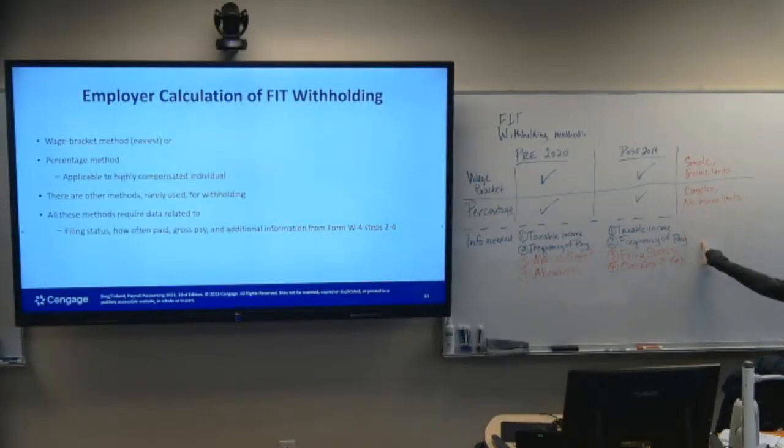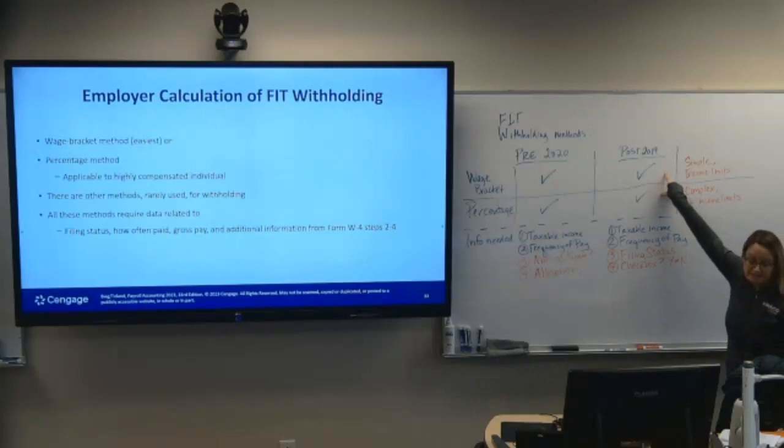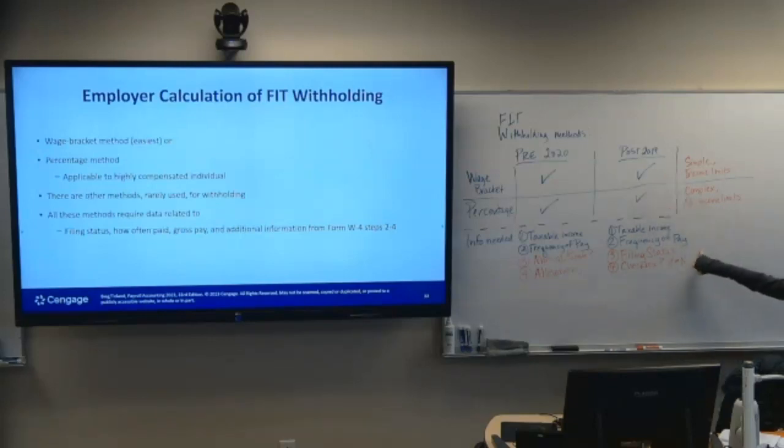For both of these, we need to know the frequency of pay. Are they paid biweekly, weekly, monthly, semi-monthly? What is that frequency of pay? Now, these two last ones are different. For the post-2019 method, which is what we're starting out with, we need to know filing status.